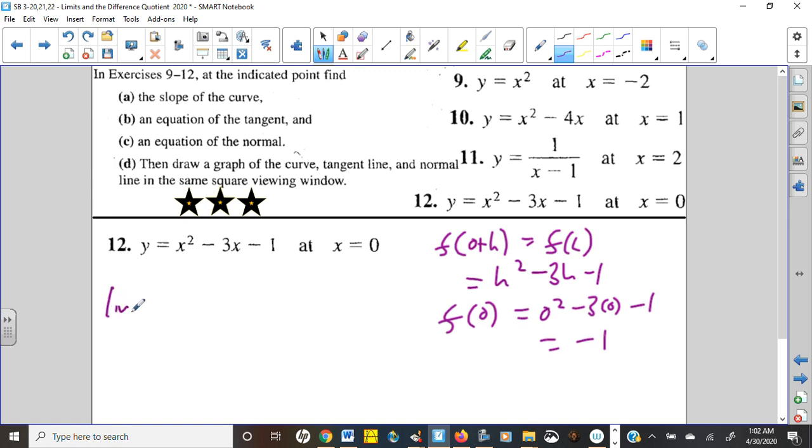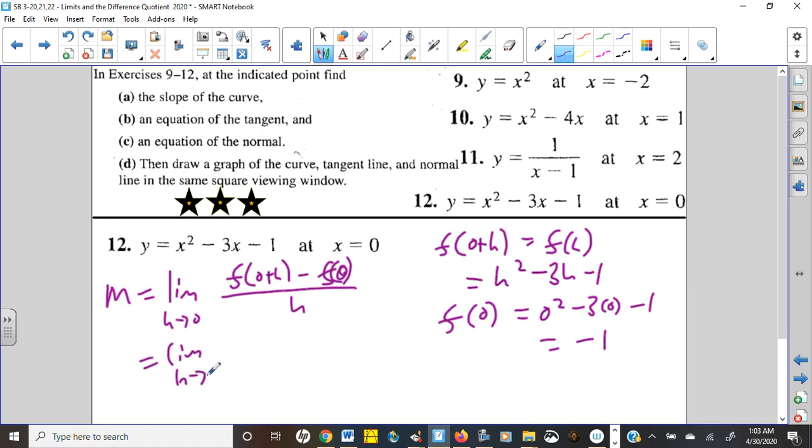The limit, if you really want to label this, which isn't a bad idea, we are finding the tangent slope, so you could call it m. M equals the limit as h goes to 0. Now remember, we're doing f of 0 plus h minus f of 0 over h, but I just found these, so it's just substitution.